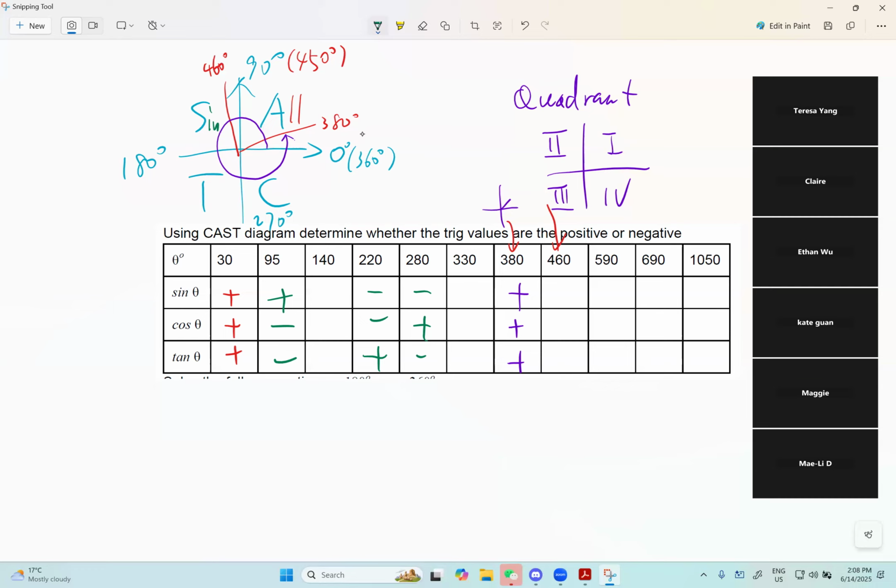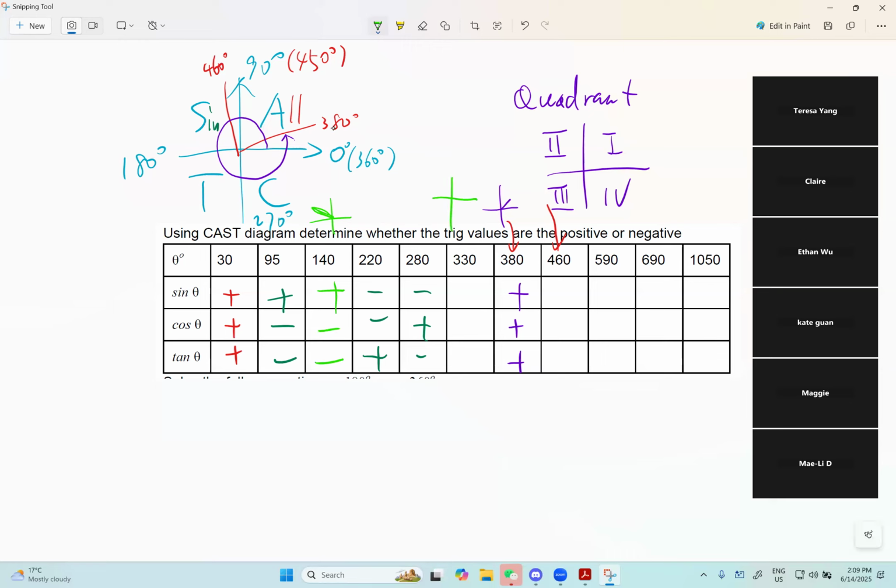Okay. 140 is right here. Sine positive, the other two negative.